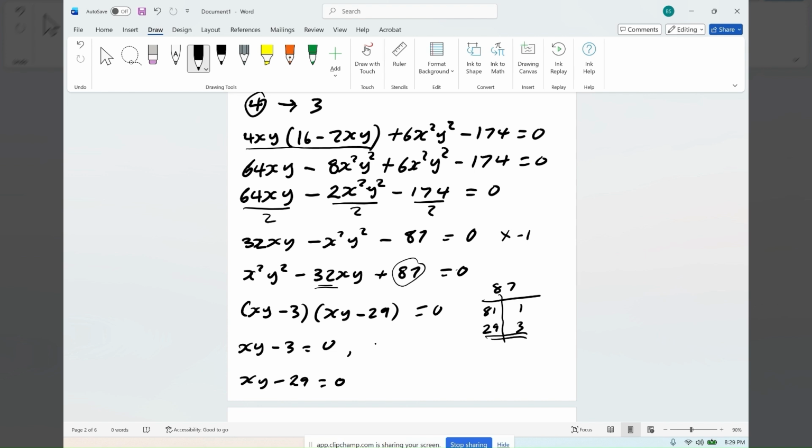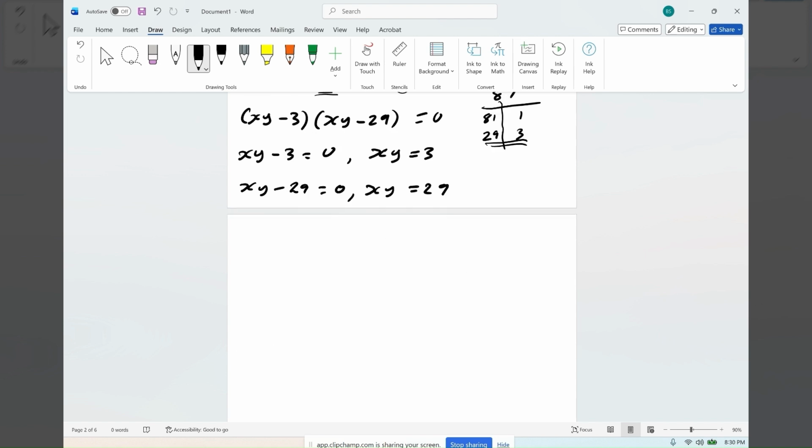Therefore, in that case, xy = 3, and in this case, xy = 29. So here we have two different cases: xy = 3 and xy = 29.